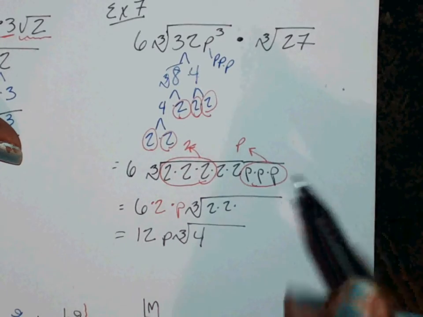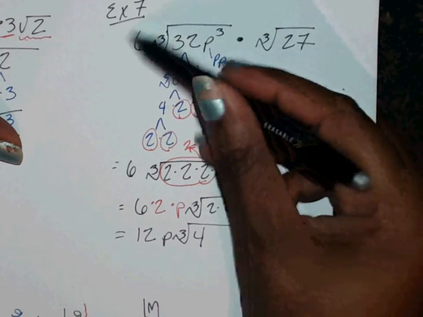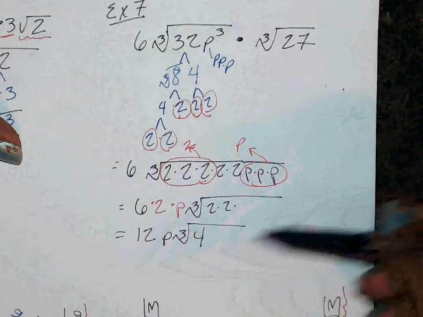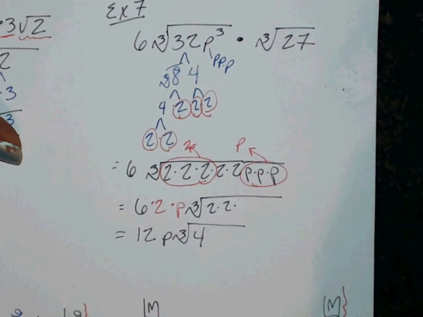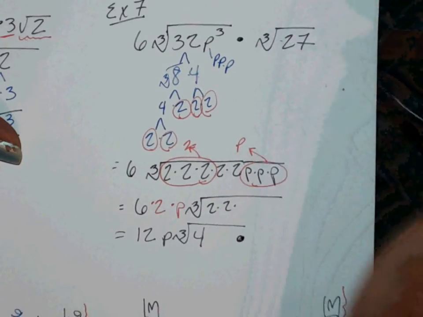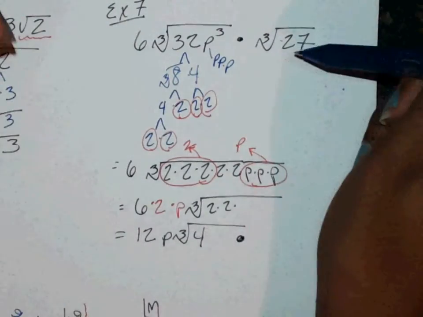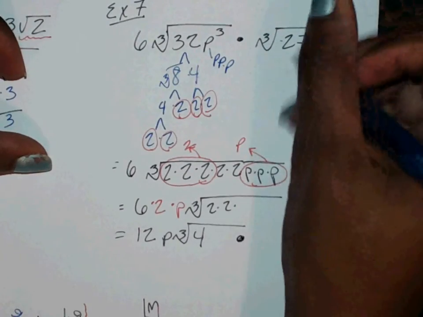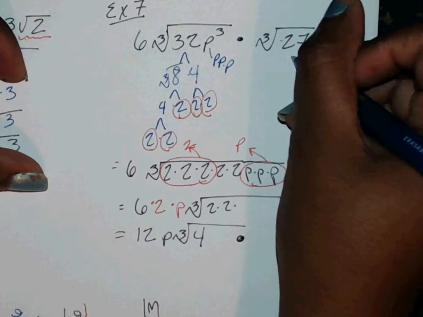And then that's just for this section here. Yes, you thought you were done, but you're not. This is still being multiplied by the cube root of 27. So I need to come over here and do the same thing and simplify the cube root of 27. Alright, the cube root of 27.